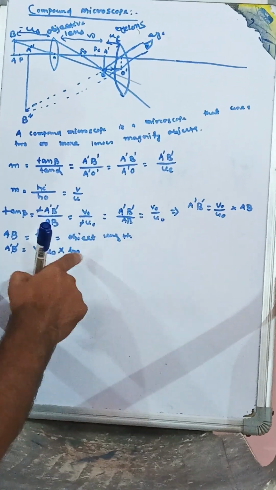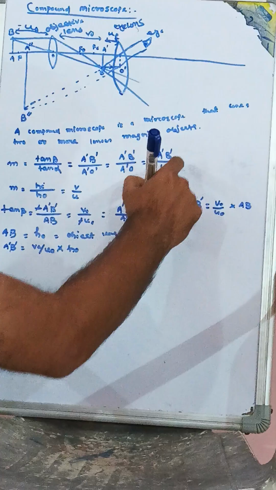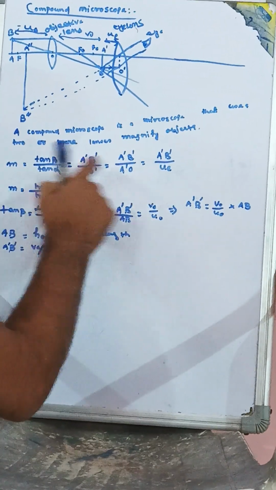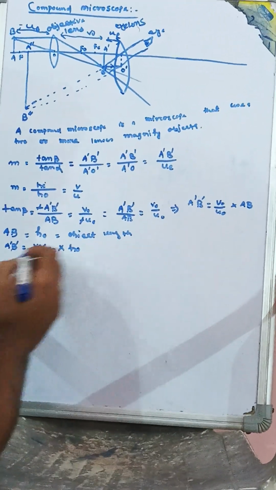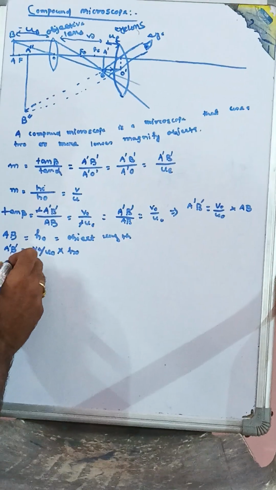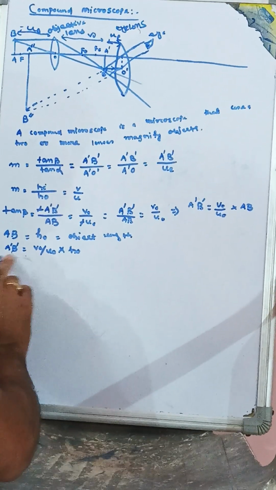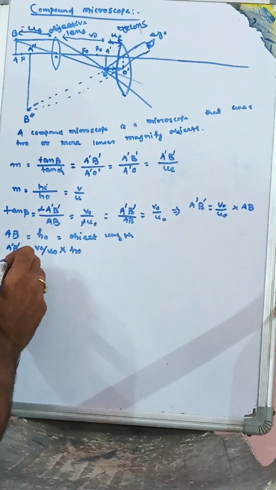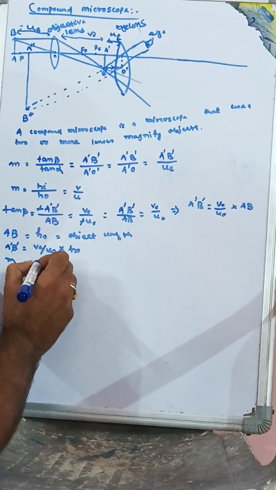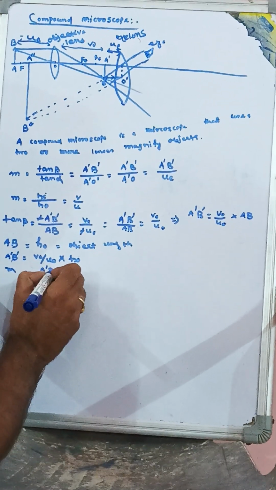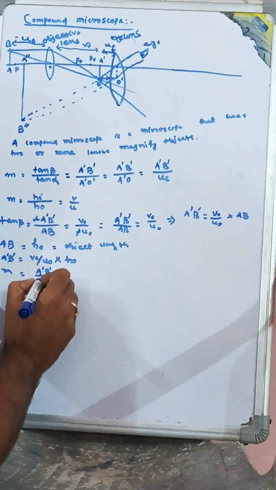Then we put A'B' in this magnifying power. Step by step we have to write: M is equal to A'B' divided by ue.